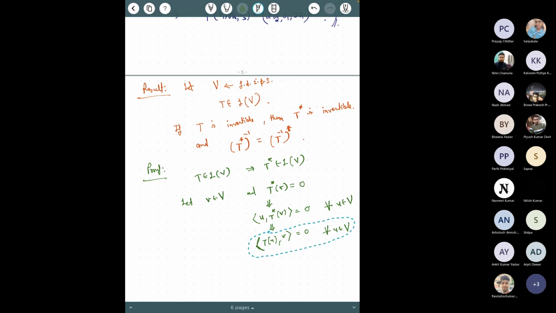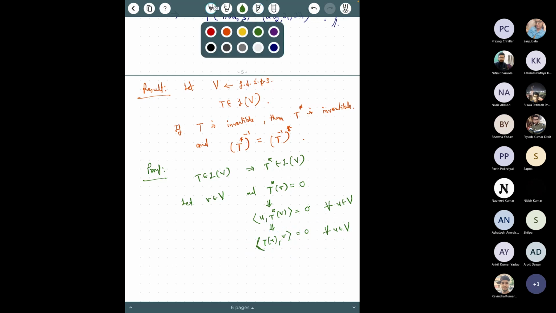So what should I choose? You are saying that you just take the pre-image of v as u, right? So you just take u as T inverse of v because T is invertible.